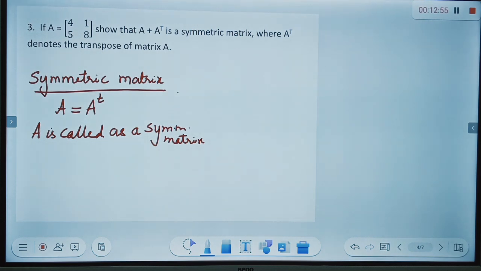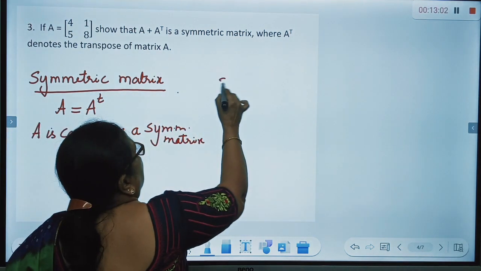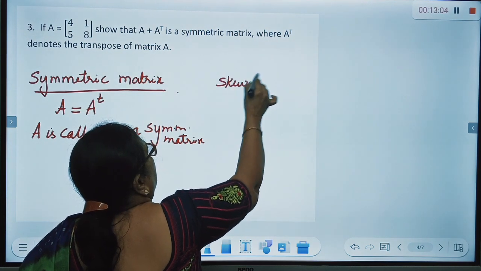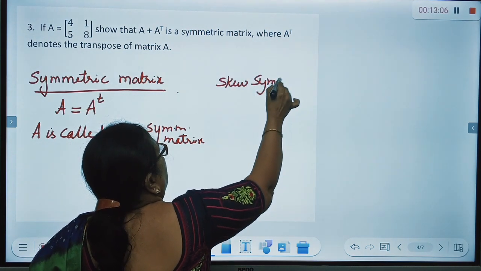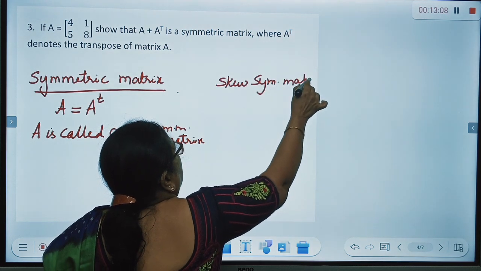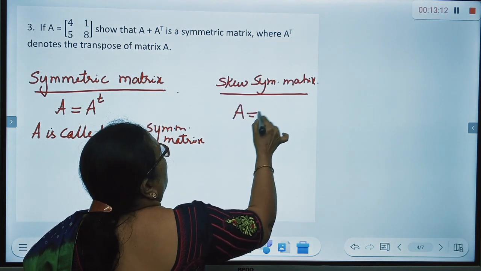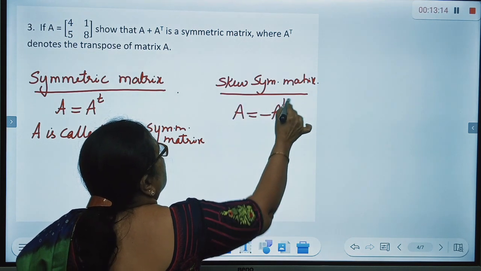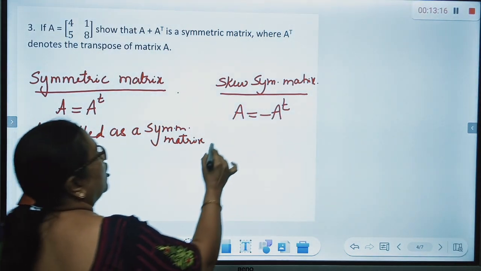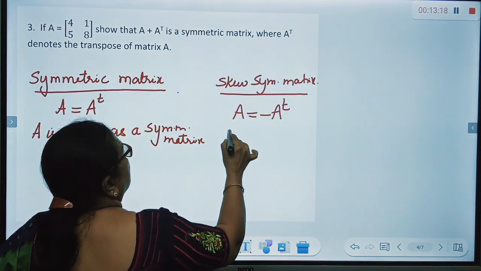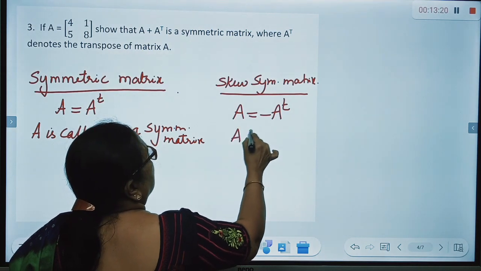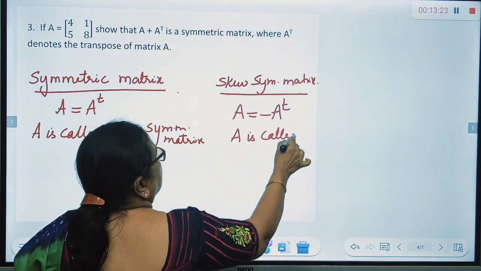And for a square matrix, if A equals A transpose, we call it a symmetric matrix. Then we have what is called a skew symmetric matrix. If A equals minus A transpose, we call the square matrix a skew symmetric matrix. A is called skew symmetric.